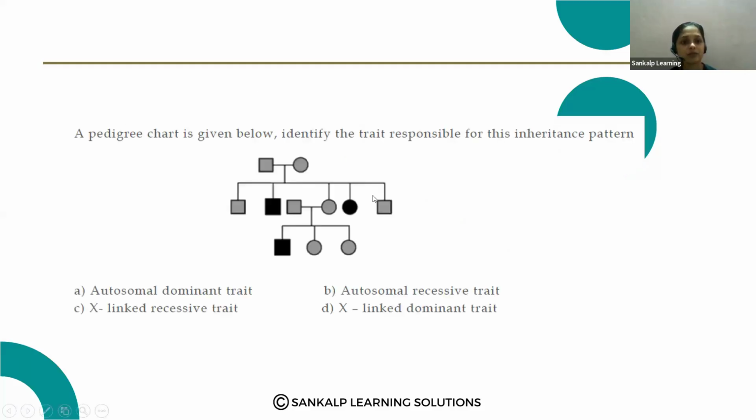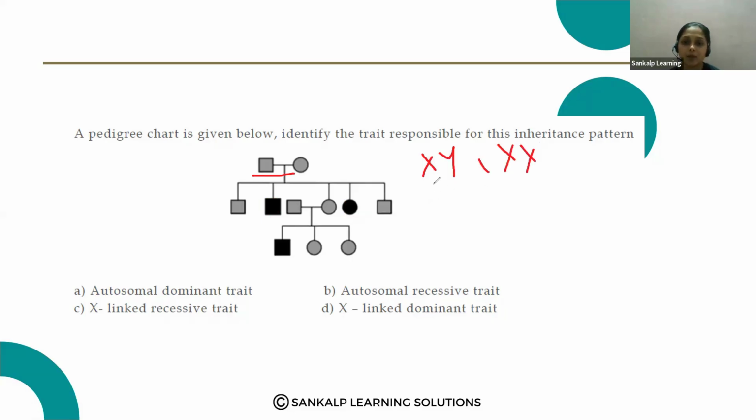Next question. Here a pedigree chart is given below. Identify the trait responsible for the inheritance pattern. See here, what type here? This represents the affected. Okay, affected. See here, normal male XY and XX female.